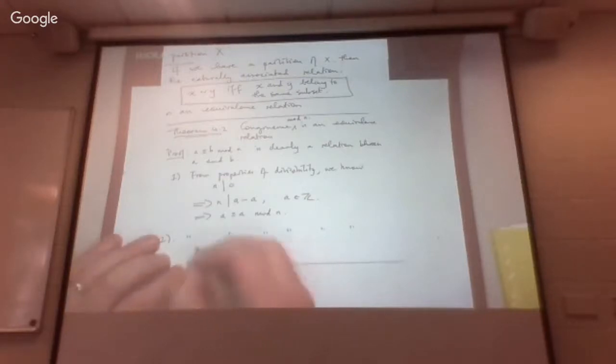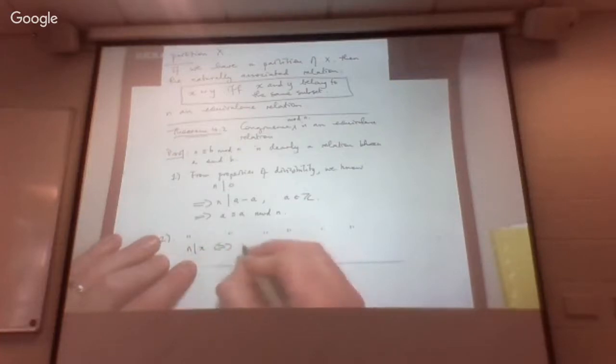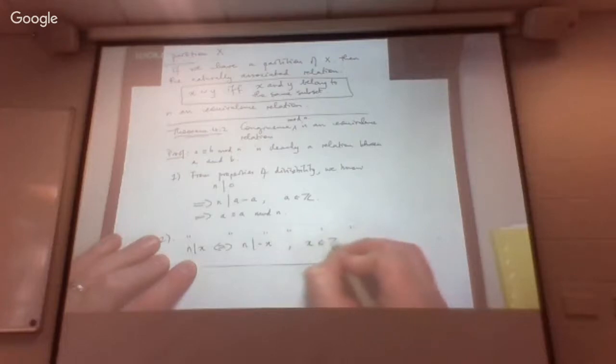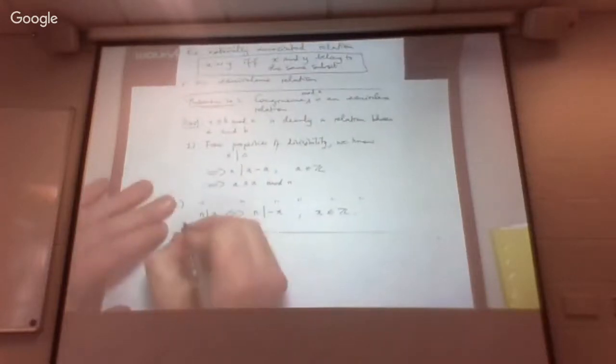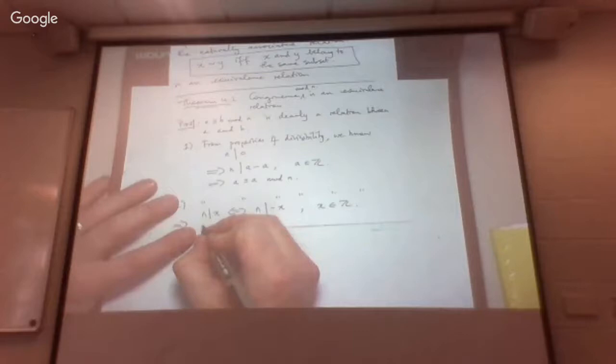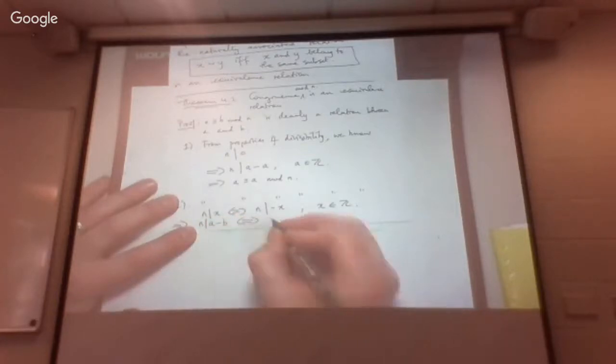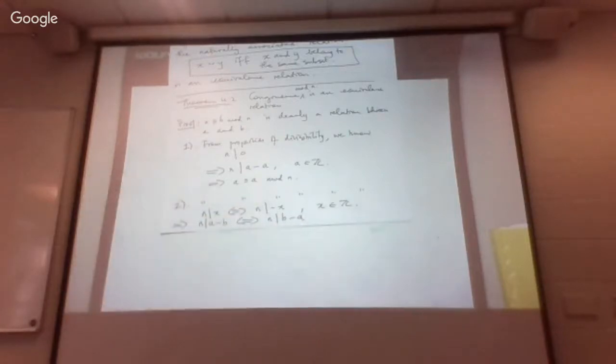What do we know about divisibility here? We know that if n divides x, this is equivalent to n dividing minus x. That's true for any integer x. Well, that's going to imply that if n divides the difference a minus b, that's equivalent to n dividing b minus a, because a minus b is just the negative of b minus a.